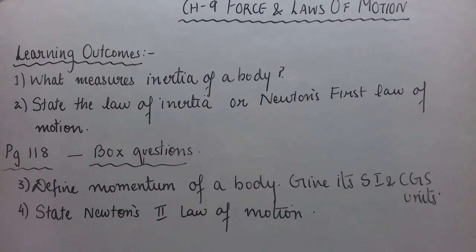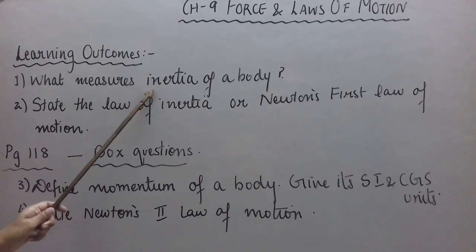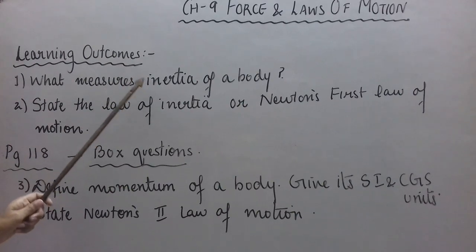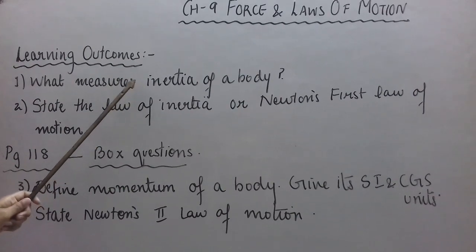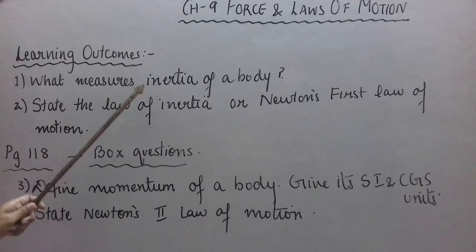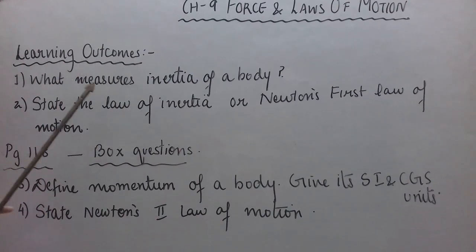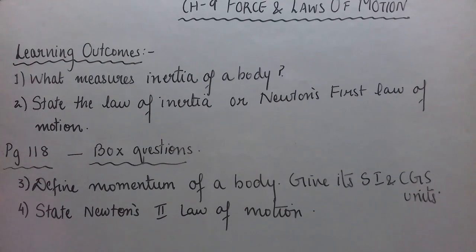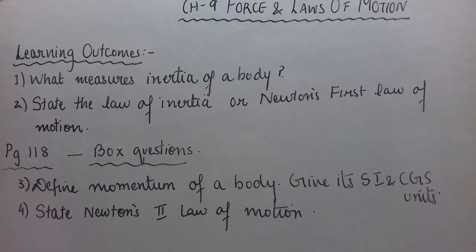Students, we have studied about inertia in our previous lecture, that inertia is a tendency or ability of a body to maintain its state of rest or of uniform motion along a straight line. Or we can also write, inertia of a body is the ability of a body to resist a change in its state of rest or of uniform motion along a straight line.